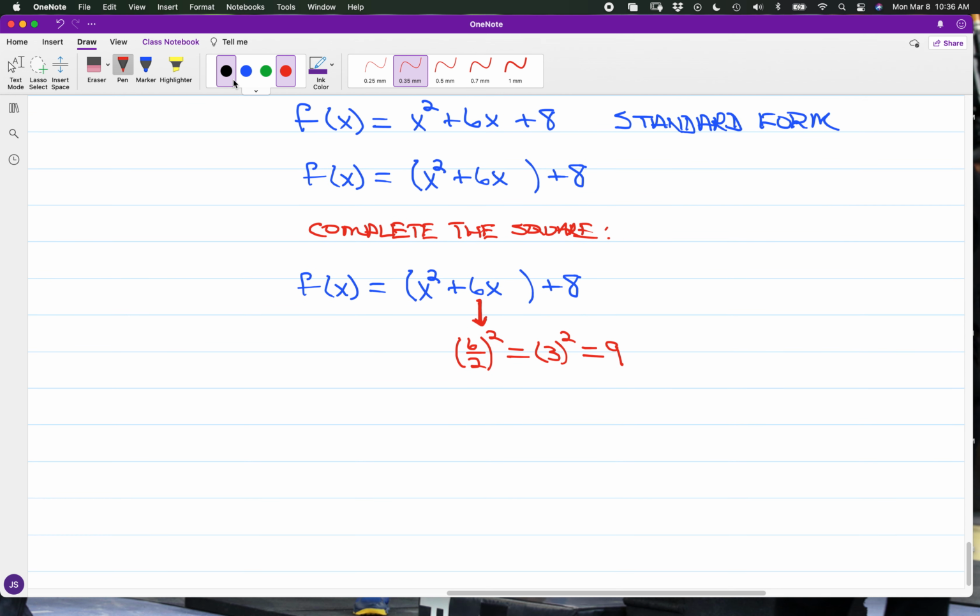And what I'm going to do with the 9 is, first of all, complete the square by adding 9.